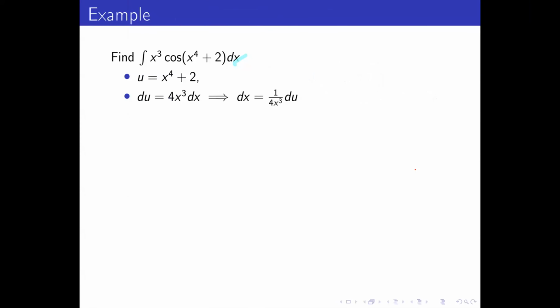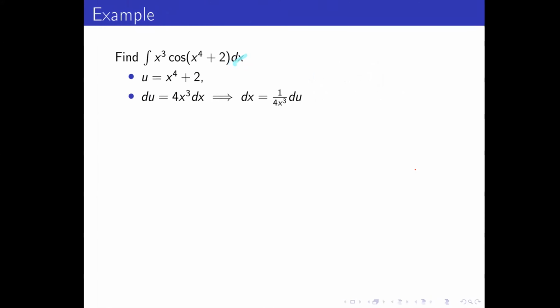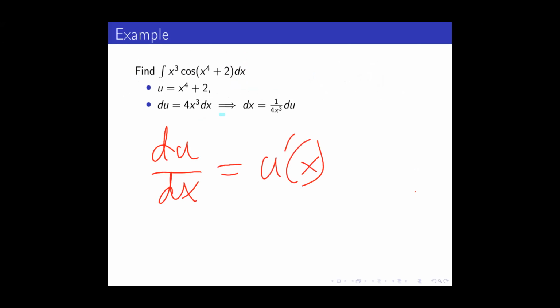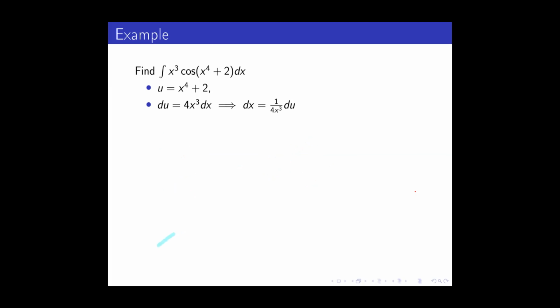We differentiate u. So du is the same as 4x cubed dx. Remember, this is because du/dx is nothing but u prime of x, right? This is another notation for derivatives. This is, I think, the Leibniz notation. So du over dx is u prime, which is 4x cubed.